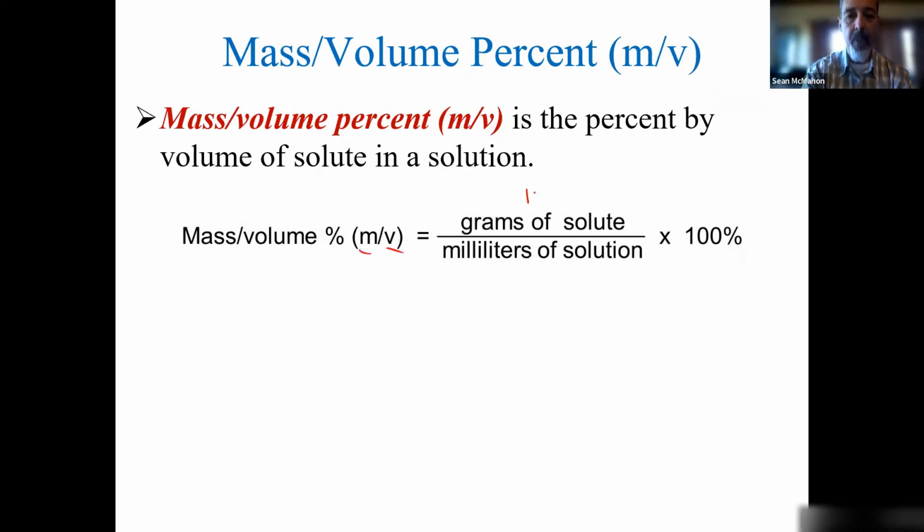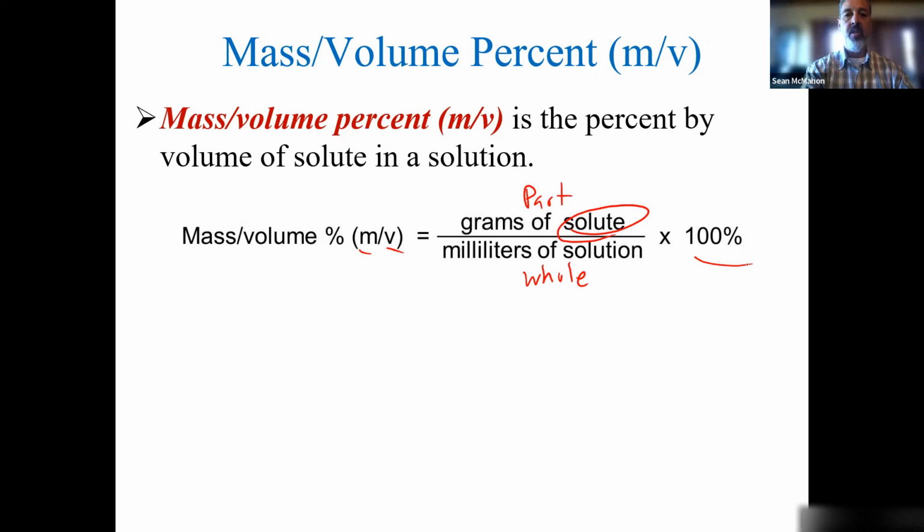It's still what? Part over whole. And what's the part always? The solute. That's what concentration is. How much solute dissolved in solution? That's the whole purpose of quantifying this, because we want to know how concentrated is this? How much solute? So part over whole times 100.